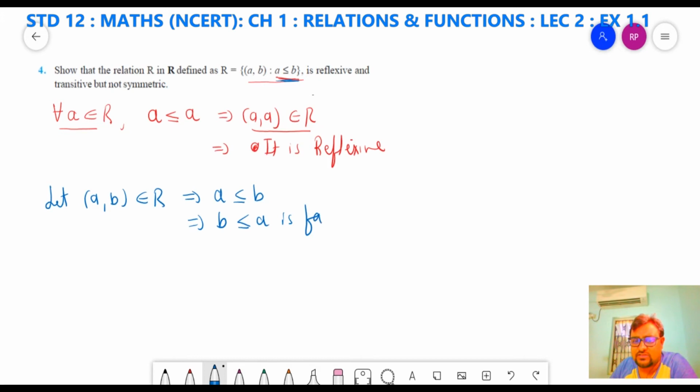If I take a equal to b, then it will be b equal to a, but in every case it will not be so. If a is less than b, then definitely b is not going to be less than a. So this implies that it is not symmetric.